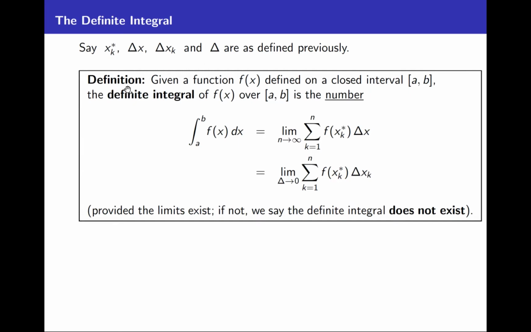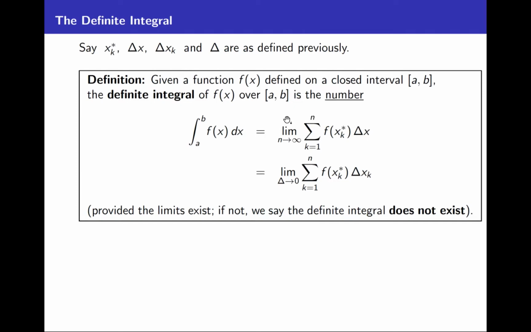And here's the definition. Given a function f of x defined on a closed interval from a to b, the definite integral of f of x over a, b is the following number. That number is going to be the limit as n goes to infinity of the sum from k equals 1 to n of f of x sub k star times delta x.